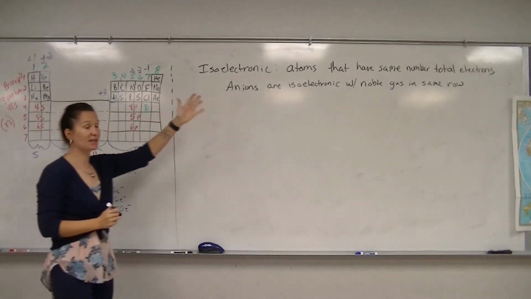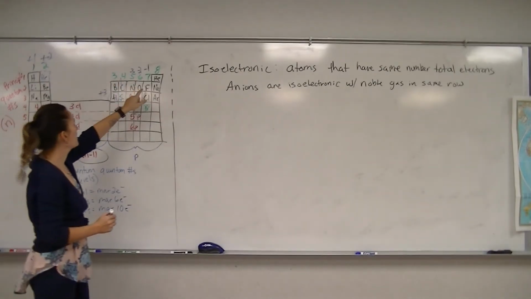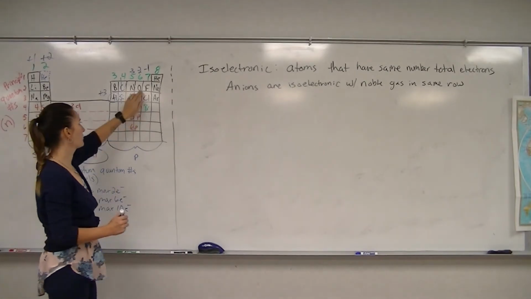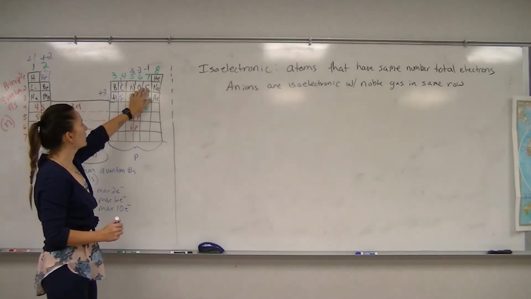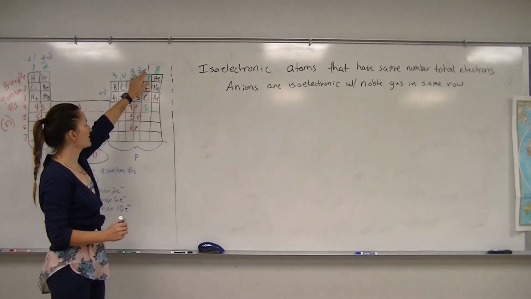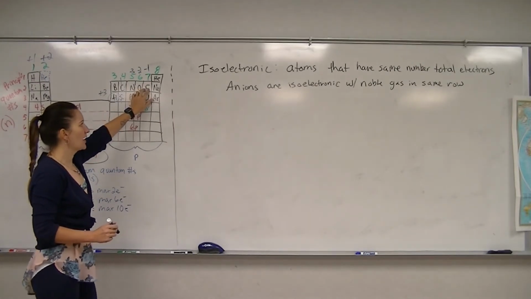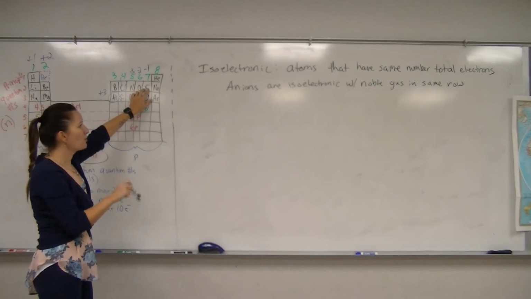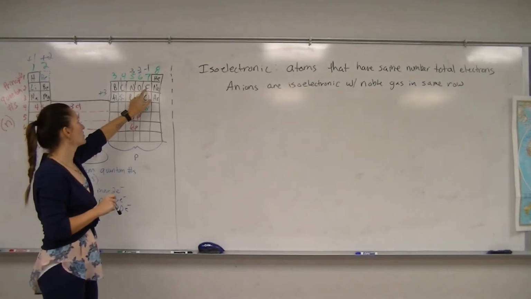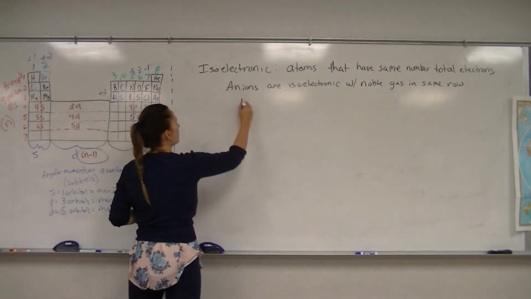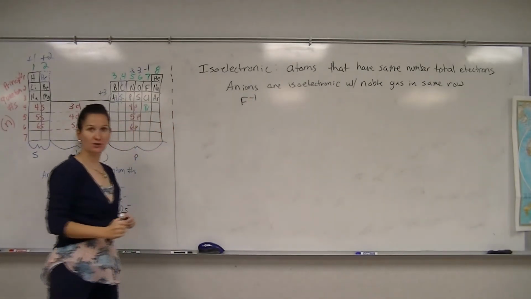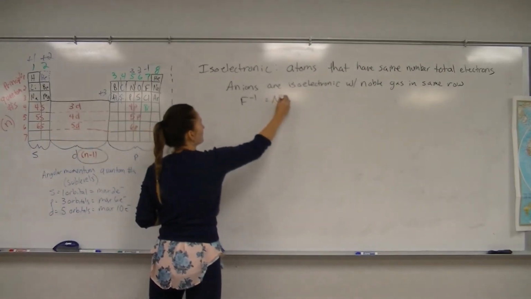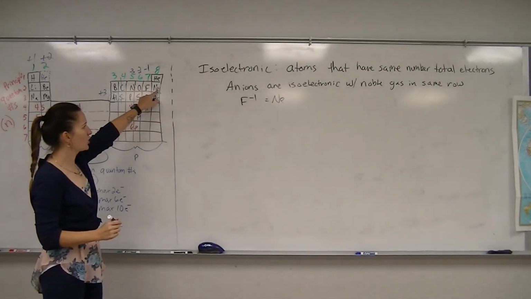I said the anions, negative charge, so we're looking at the nonmetals, right? So the halogens here, they all form a -1 charge. So let's look at fluorine, let's isolate fluorine. So fluorine, since it's an anion, since it's going to form a -1 charge, it's isoelectronic, so it has the same number of electrons as the noble gas in the same row. So that means fluorine, when it has a -1 charge, has the same number of electrons as neon, because that's the noble gas in the same row.